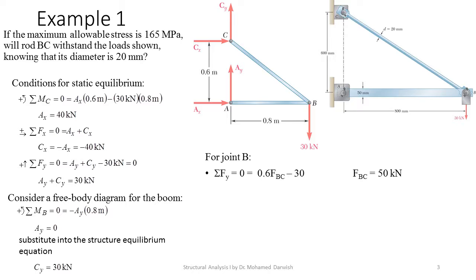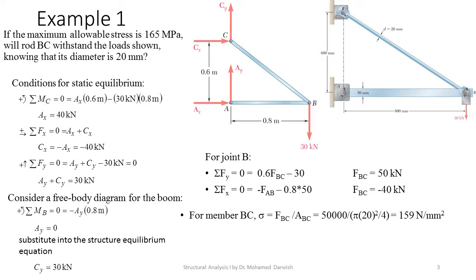Sigma Fy equals 0, which is 0.6 FBC minus 30, because you take the vertical component of FBC. So FBC is equal to 50 kilonewton. Then sigma Fx equals 0, equal to negative FAB minus the horizontal component of FBC, which is 0.8 times 50. So FAB is equal to negative 40 kilonewton.